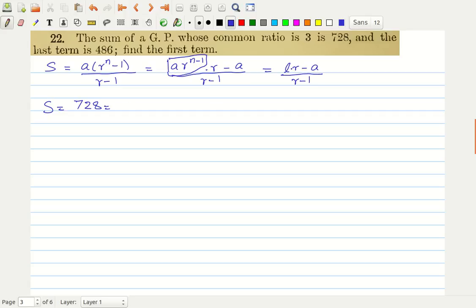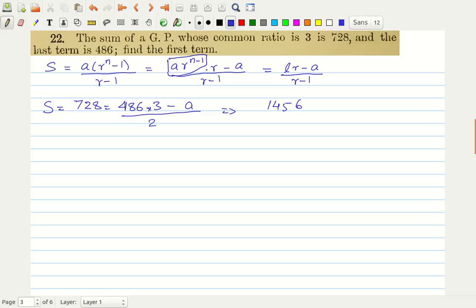Now this we can write as last term, which is 486, times common ratio, which is 3, minus a, which is the first term, which is what we have to find, divided by r minus 1, which is 2.